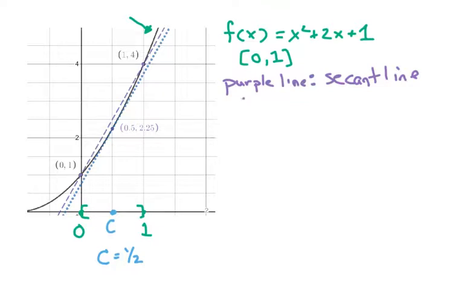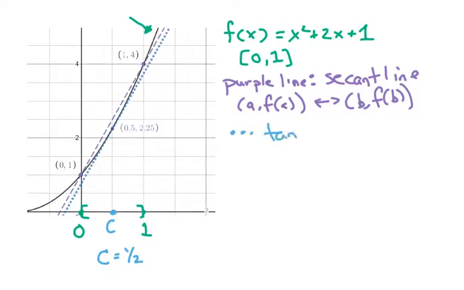In other words, from f at a to f of b, joining those two points. That's the secant line, the purple. And the blue dots are the tangent line. And they are parallel. They have the same slope.